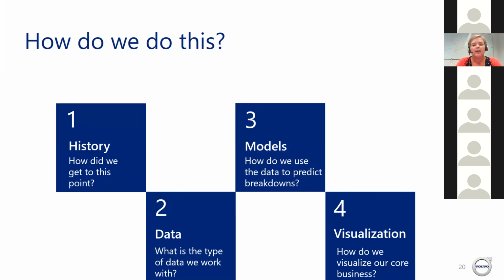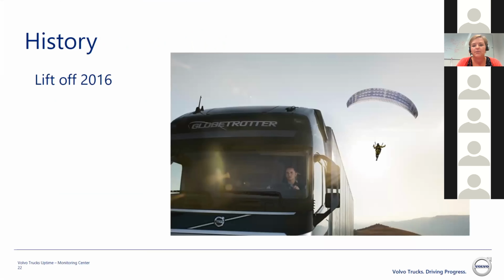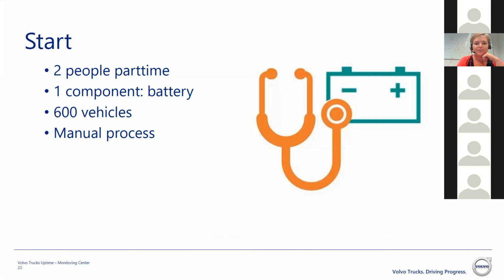First, history. We lifted off somewhere at the end of 2016. At that time, there were only 2 people working part-time, and I still find this quite strange. It was an entirely manual process, meaning they pulled all the data from 600 vehicles into an Excel file, imagine that in 2016, and they went through every vehicle for one component, the battery in the truck.